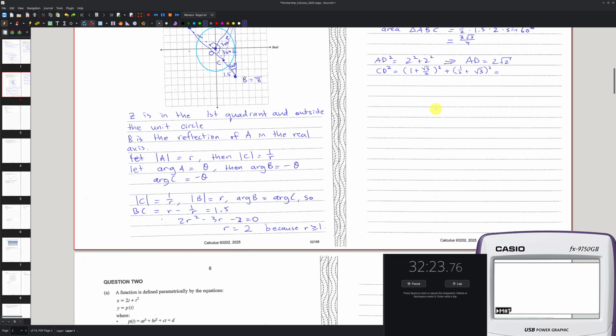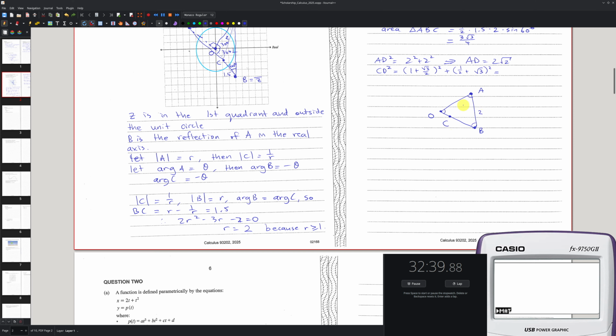So that's O. So ABO is actually equilateral, right?